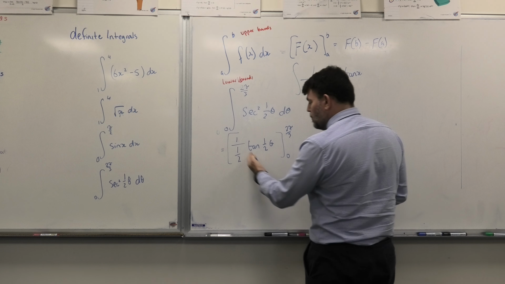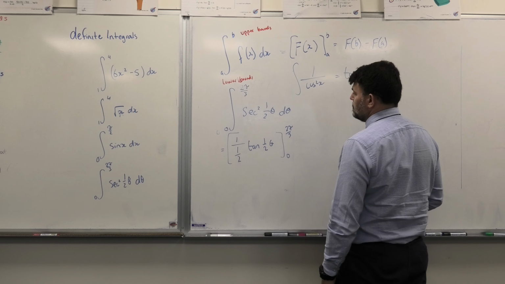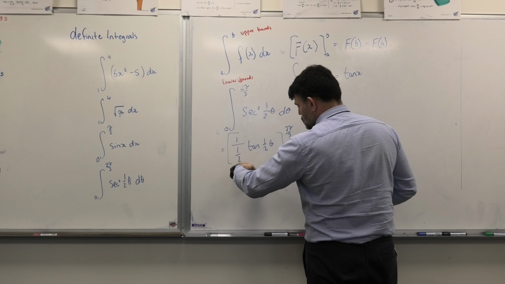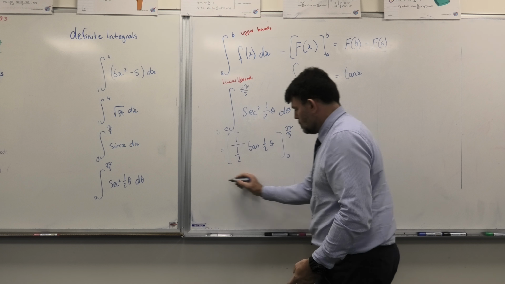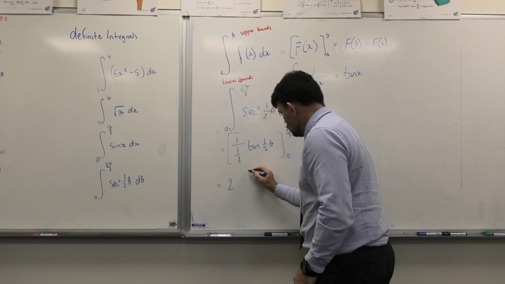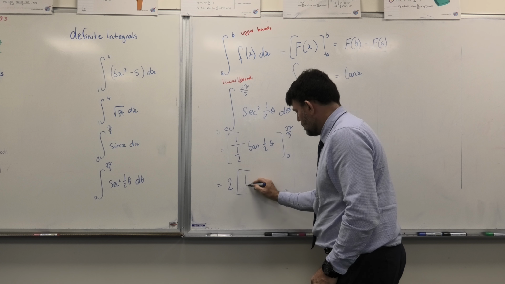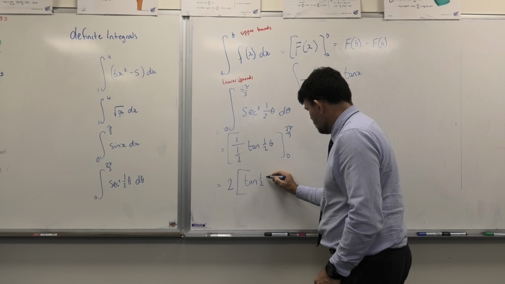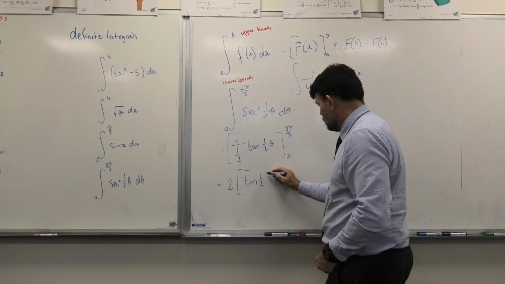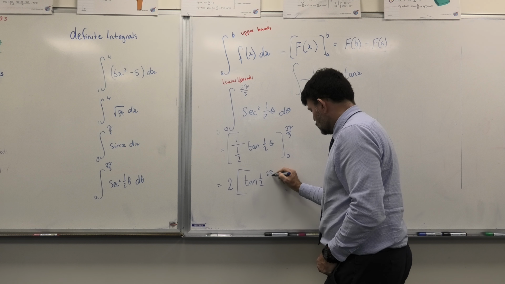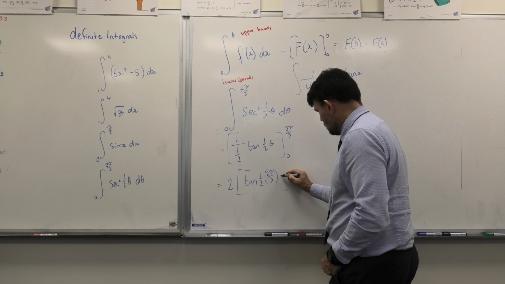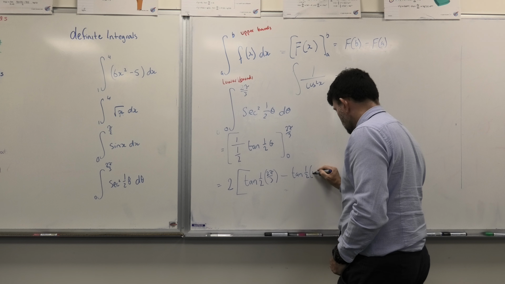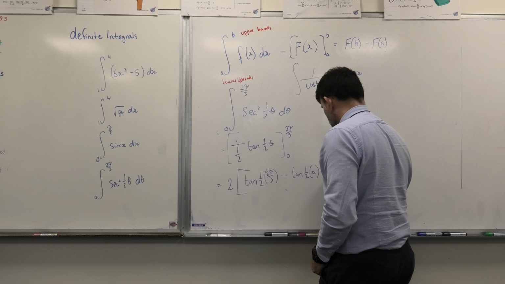Well, we know that we can pull this number out again, just like we did with the previous one. 1 divided by 1 on 2, well, the reciprocal of that is going to be 2. So we can bring 2 out the front, and then put in tan half, and plug all this stuff in for theta: 2 pi on 3 minus tan half times 0.